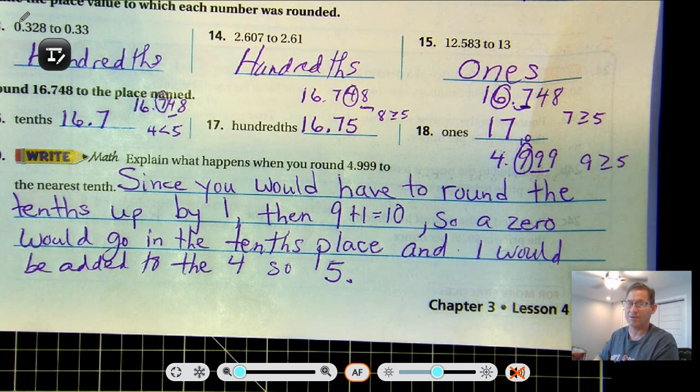So we'd have to put a 0 in the tenths place, and we would add 1 to the 4. So we would round it to 5.